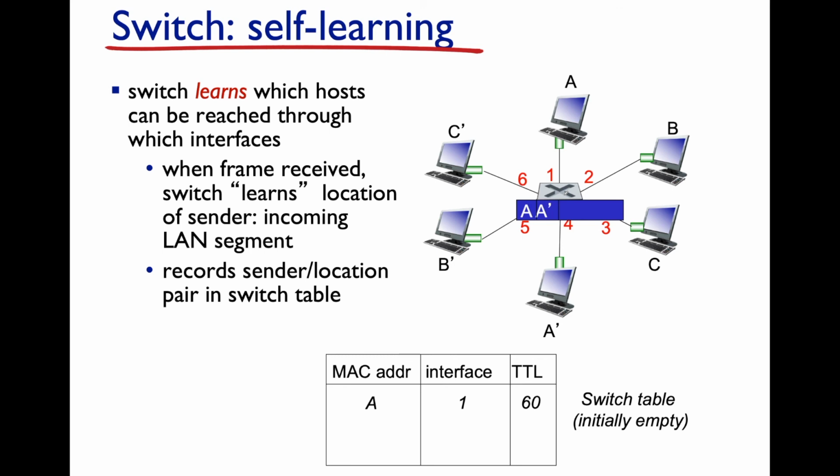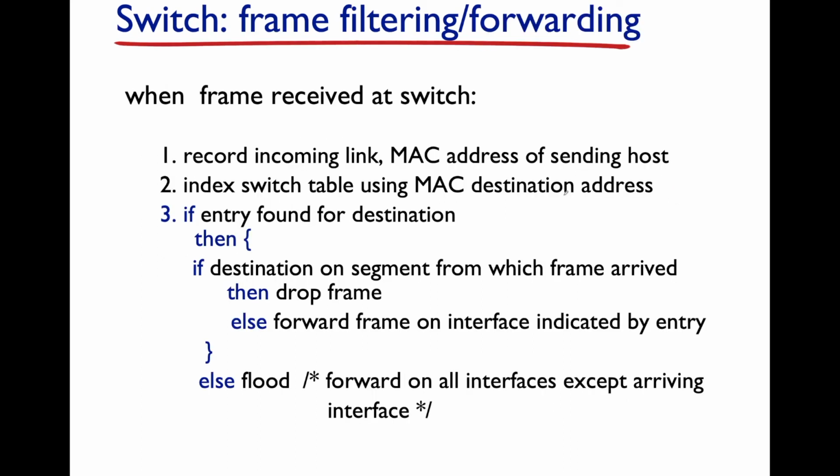So the switch writes down in its switch table: MAC address A is reachable on interface 1 with a time to live of, say, 60 seconds. Now it knows that the destination MAC address is A prime, but it doesn't have an entry for A prime.